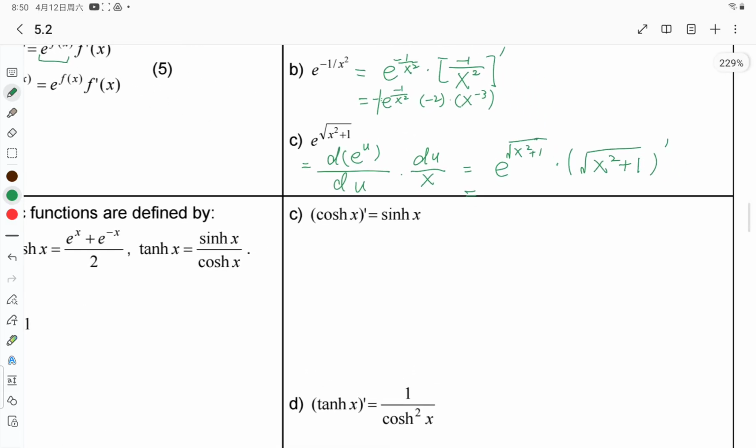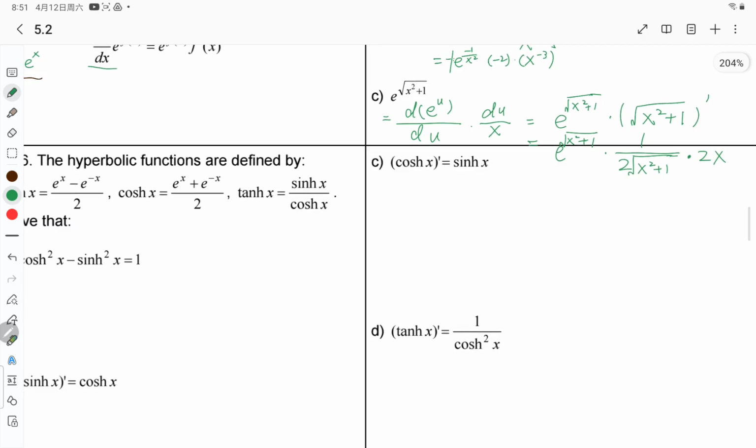All right, yeah. And then e to the s squared plus 1, and then times, this is 2, so this is another square root, s squared plus 1. This is another layer of chain rule, right? So this is 2 square root s squared plus 1, and then times 2x, okay?